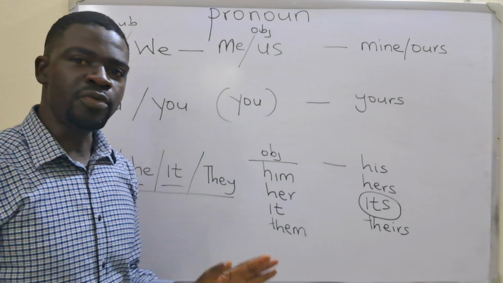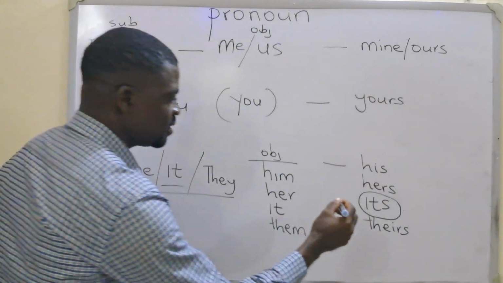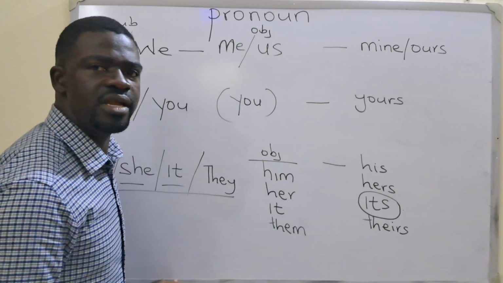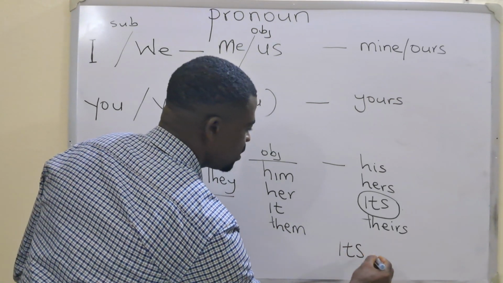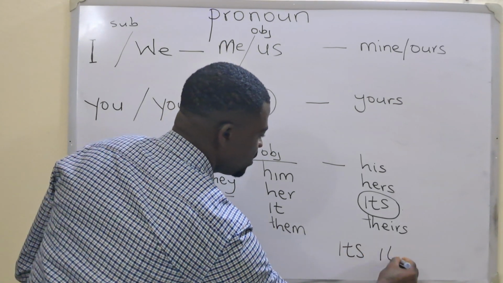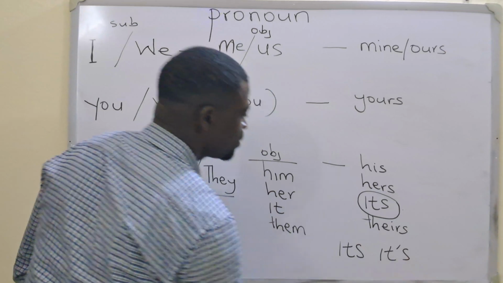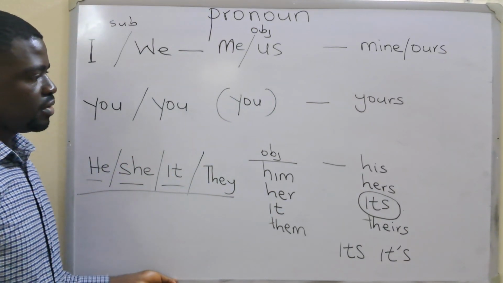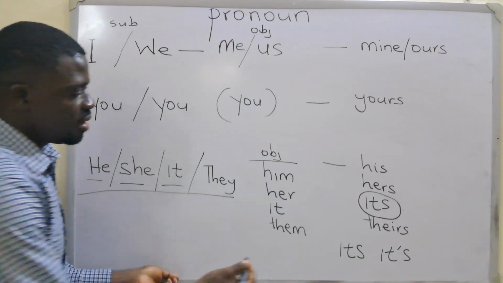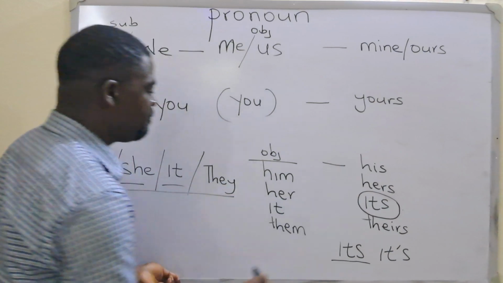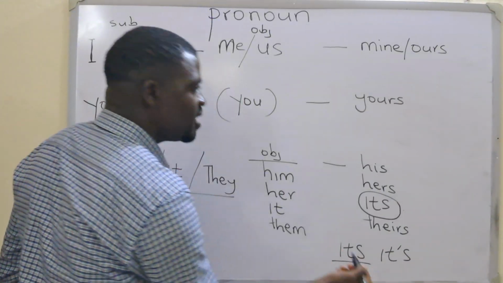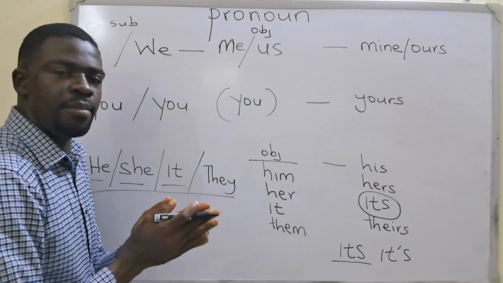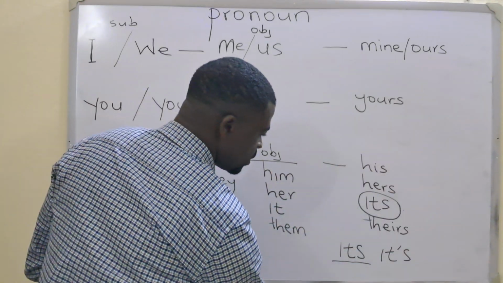I've seen many people write and they don't quite understand the difference between its and it's. So now you know, its is the possessive form of it, while it's is a contracted form of it is.